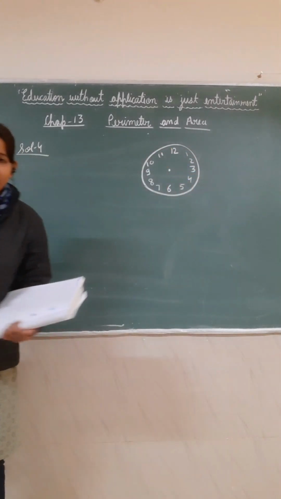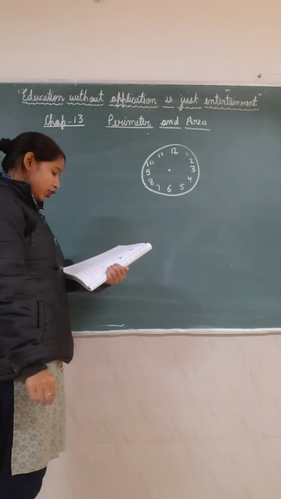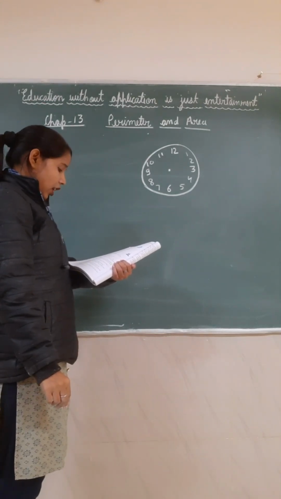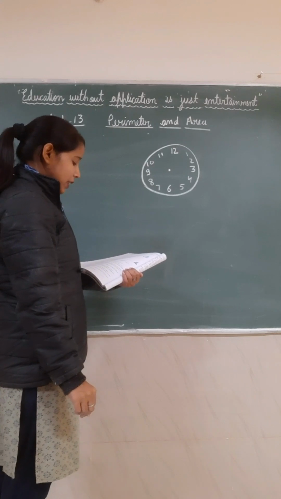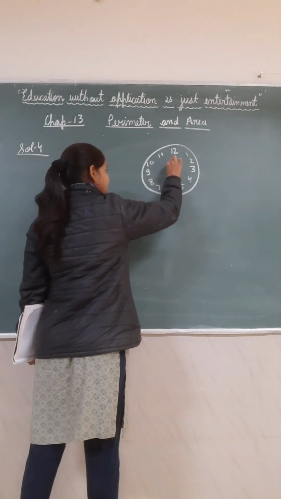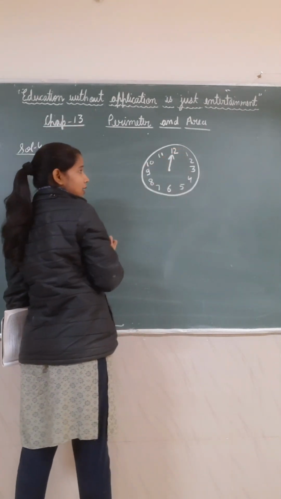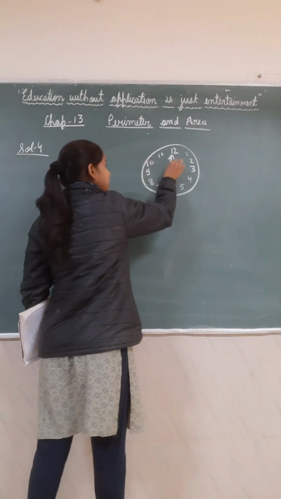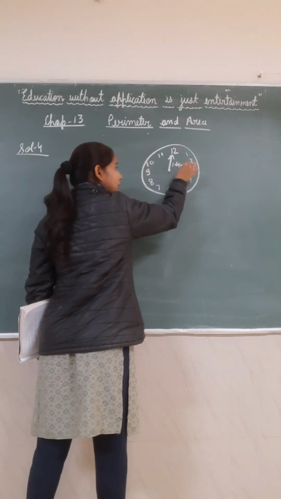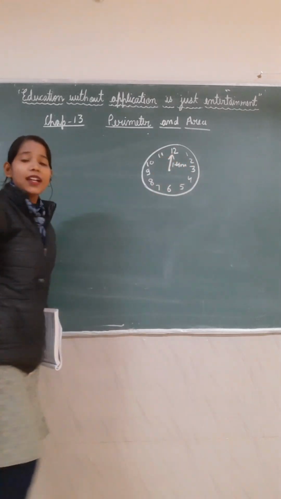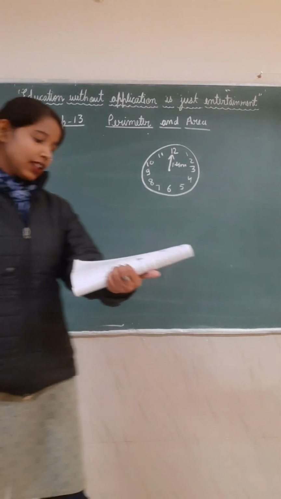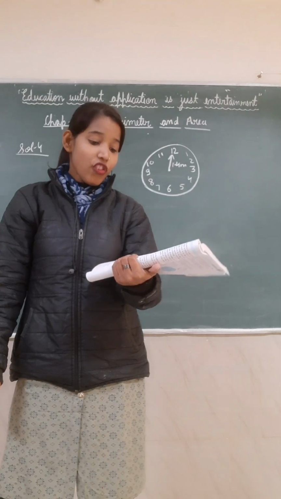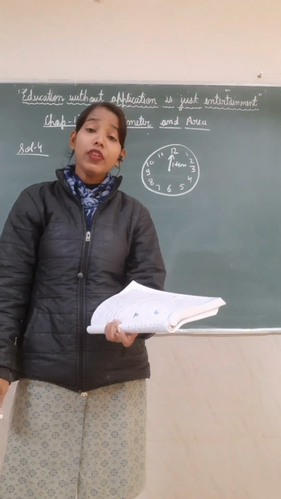The minute hand of the tower clock is 1.4 meter long. This is the minute hand. Let's assume this is the minute hand and it is 1.4 meter long. The question is how far does the tip of the hand move in 1 hour.